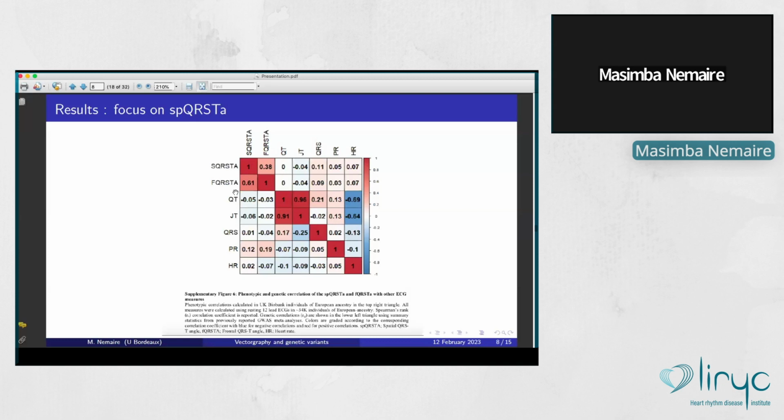Because remember, the spatial QRST angle, if it's abnormal, you have a 5-fold risk of developing a cardiac disease or dying of a cardiac disease compared to someone who has a normal QRSTA angle. So anyway, I found this interesting.